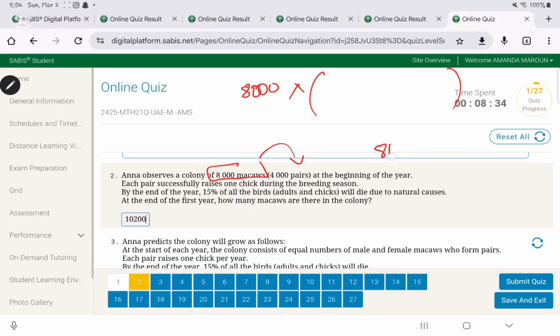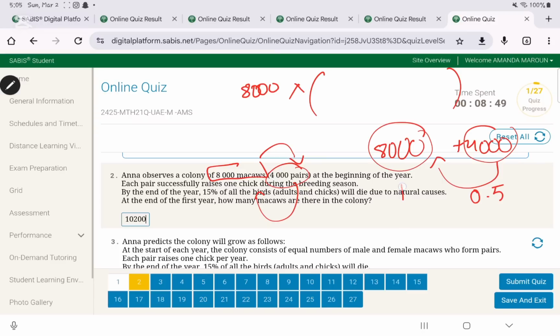If it was 8,000 macaws and 4,000 pairs, each pair raises one chick, so this is plus 4,000, which is half of 8,000. So if 8,000 is 1, then 4,000 is 0.5. Together they become 1.5, so times 1.5, because there is an increase in number by 1.5.